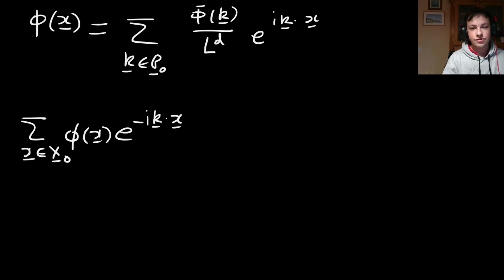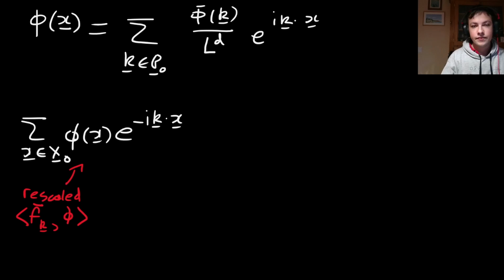Now this is where k belongs to the fundamental box. Again, this is a rescaled dot product of f_k and phi, f bar k, sorry. And so we know that that's going to pick out k equal to k primed.